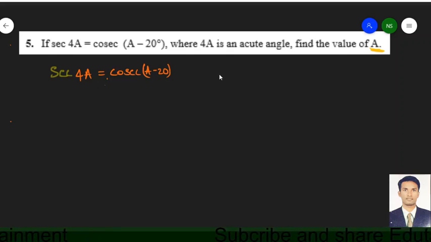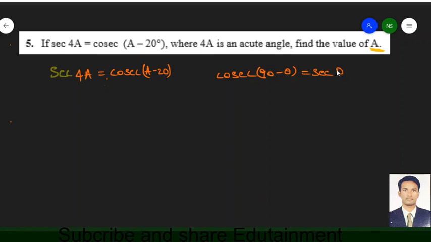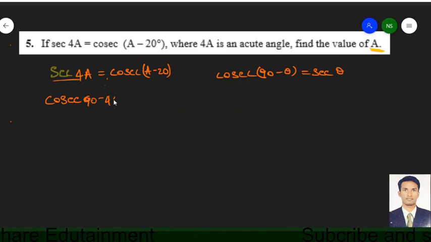So we have a formula: cosecant(90 minus theta) equals secant theta. So here, for secant theta we can write cosecant(90 minus theta). In the place of theta we can take 4A. So we will get cosecant(90 minus 4A) equals cosecant(A minus 20).